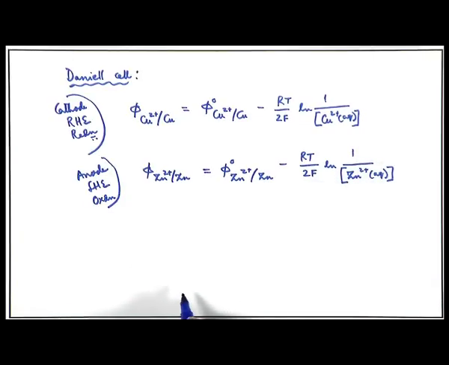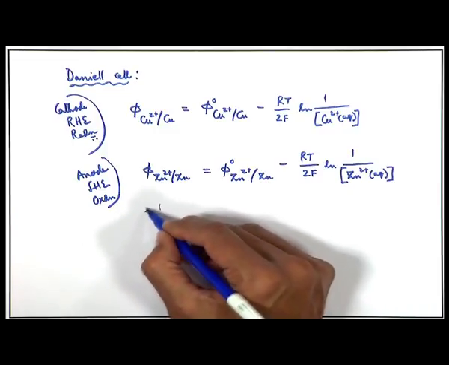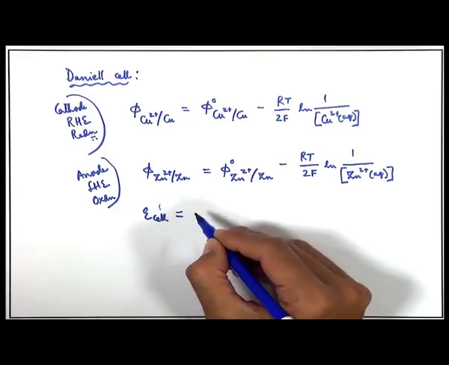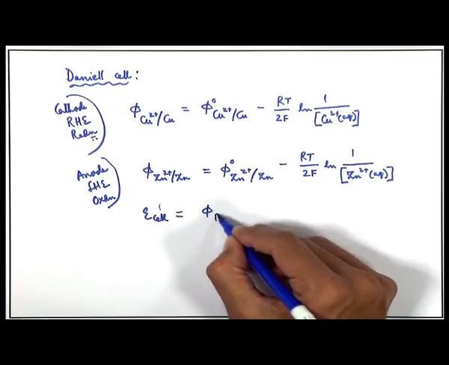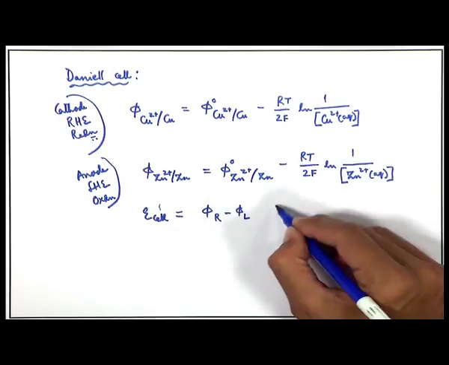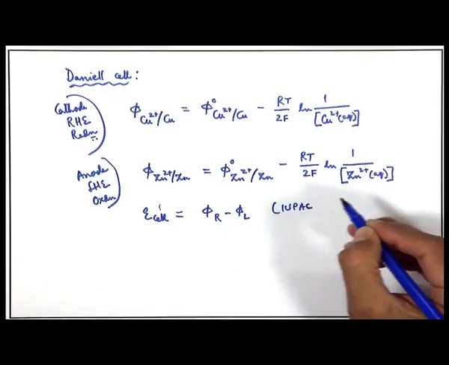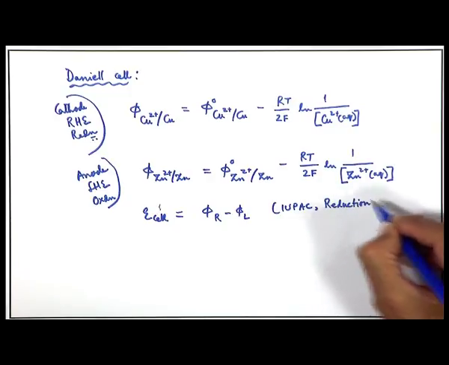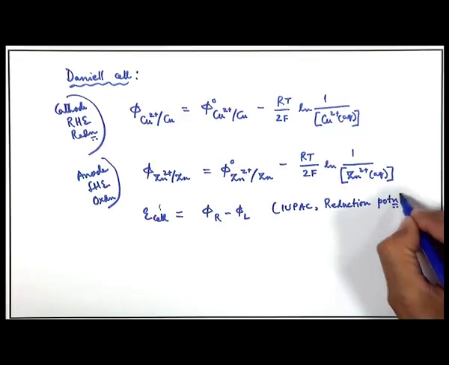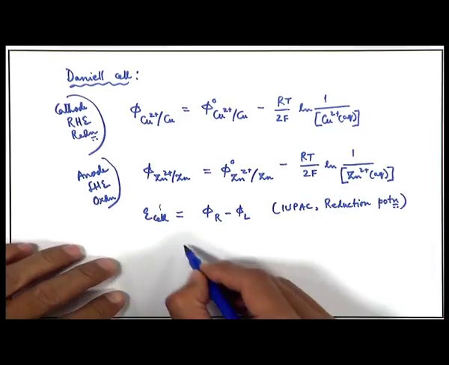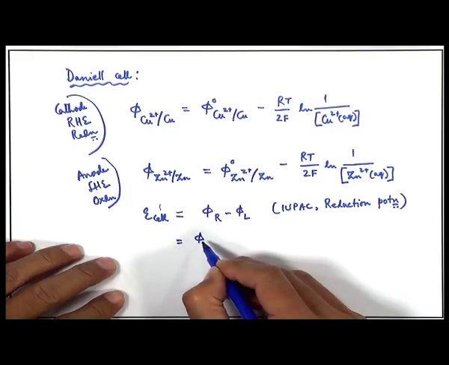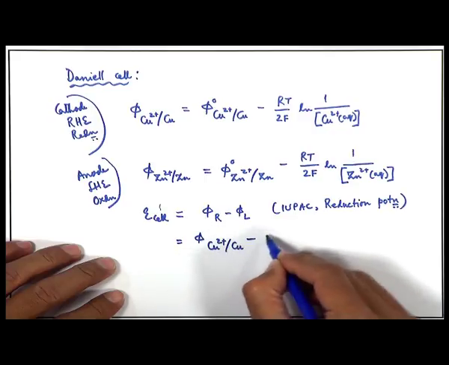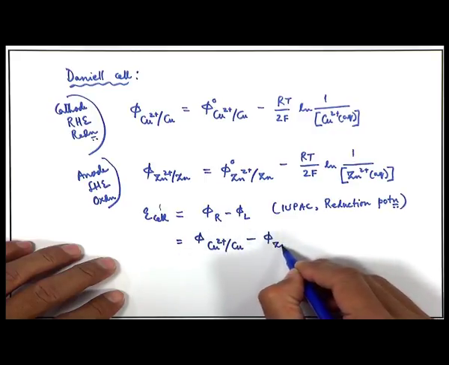We get E cell. E cell is equal to, again the same thing, phi right minus phi left, as per IUPAC and reduction potential. So, it is phi right minus phi left, means phi Cu 2 plus Cu minus phi zinc 2 plus zinc.